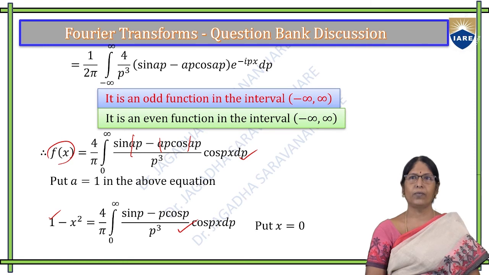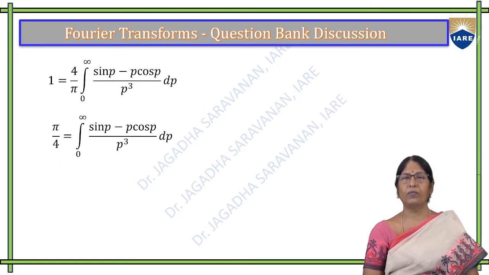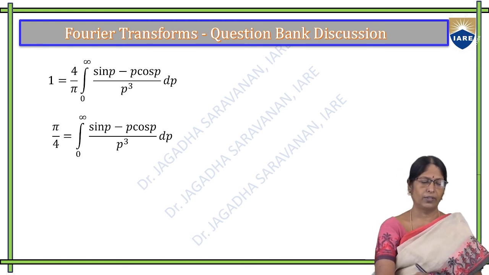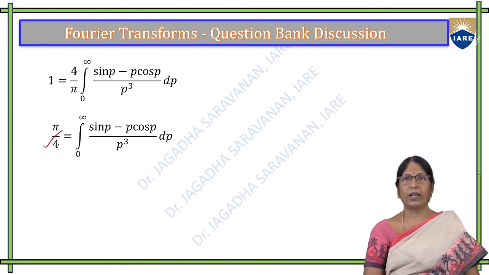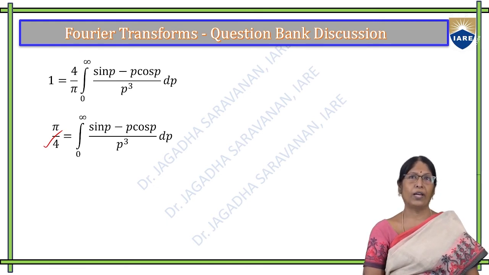And put x equal to 0, because the question asks us to show this result. So finally we reached it. To obtain that result, only a equal to 1 and x equal to 0 were substituted in the particular places.